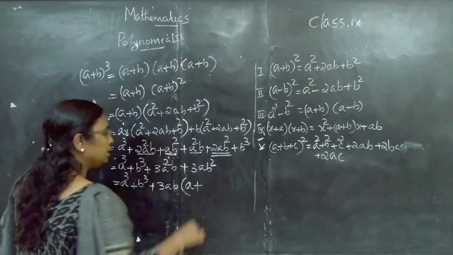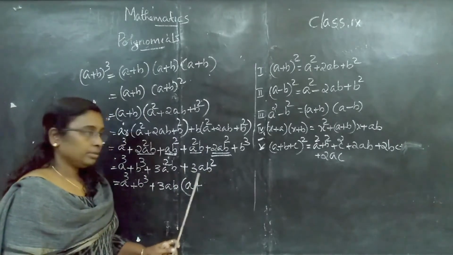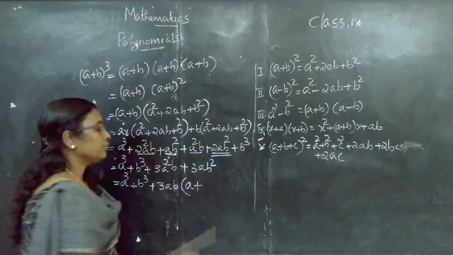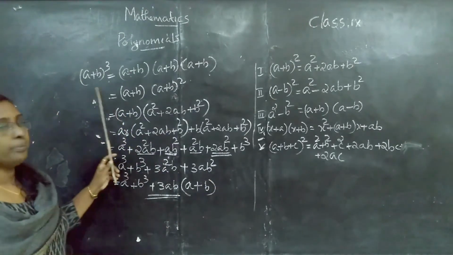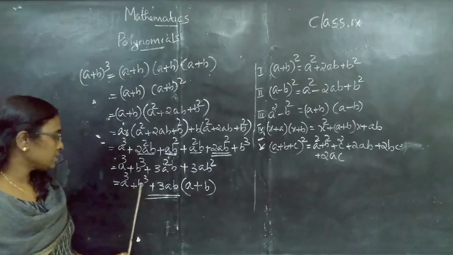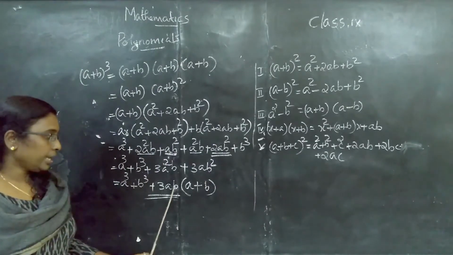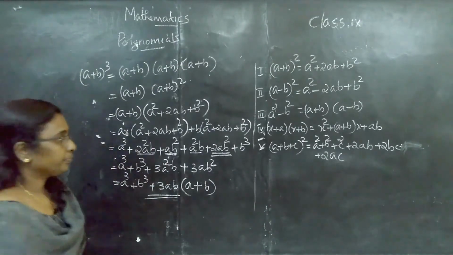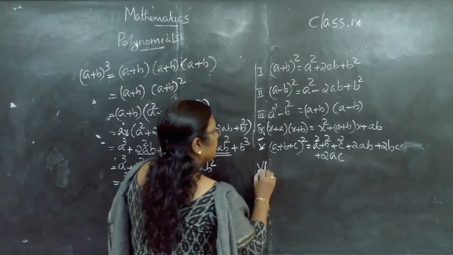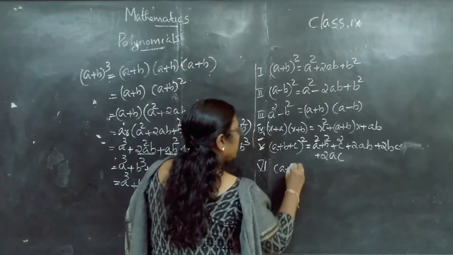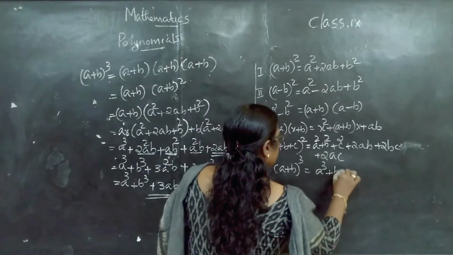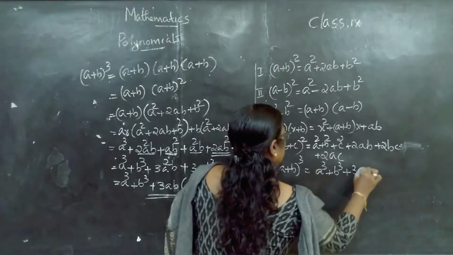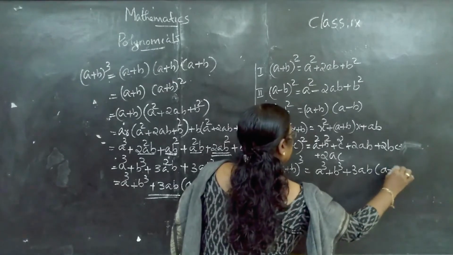Plus, if we take 3ab from this term, the remaining factor is b. This is the expansion of a plus b the whole cube: a cube plus b cube plus 3ab into a plus b. Next identity: a plus b the whole cube equals a cube plus b cube plus 3ab into a plus b.